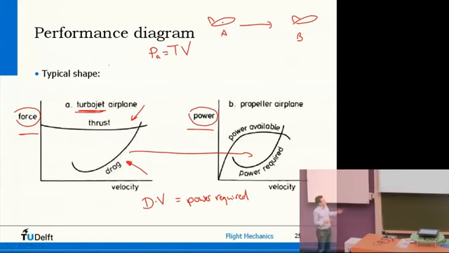So both diagrams are related to each other. Basically, one is just another way of showing power, the other one shows force, but they give you more or less the same information. But I will show you that in some cases it's nicer to look at power, and in other cases it's nicer to look at forces. But you can use both. It doesn't really matter which one you use. If you have one of these diagrams for an aircraft, you can solve all the performance questions.